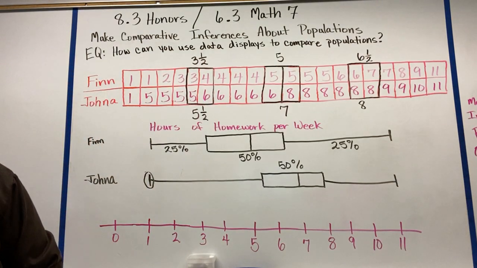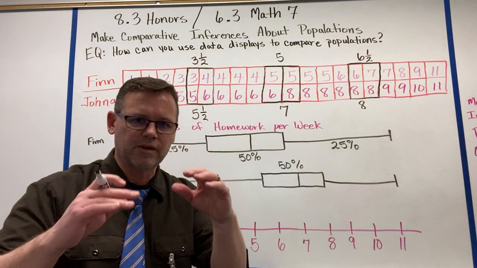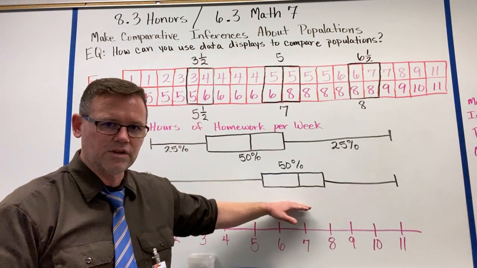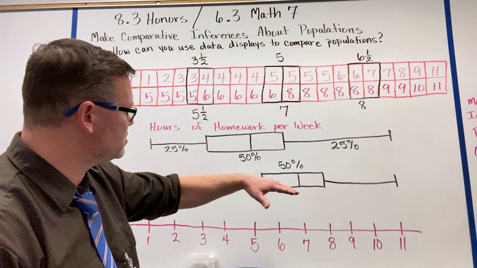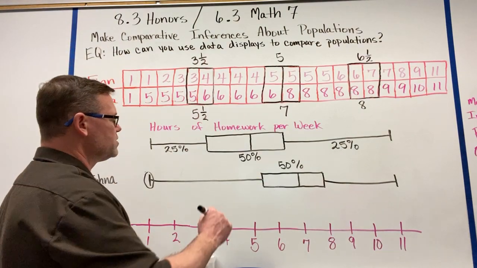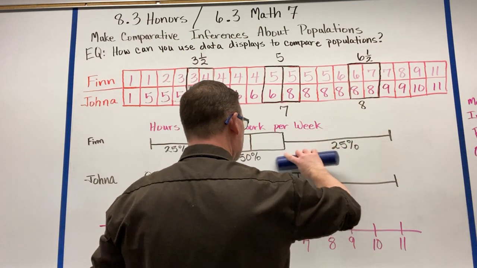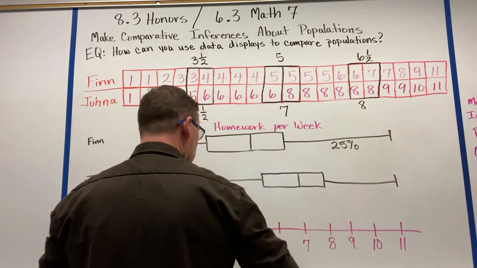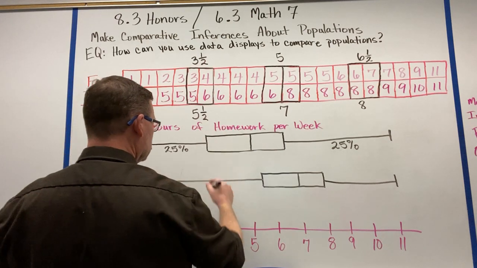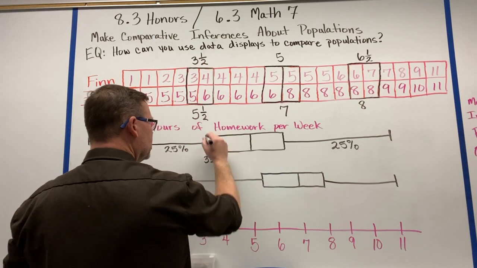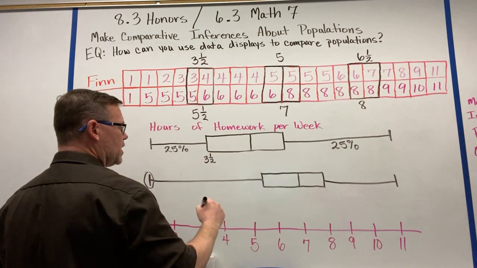The way we're going to prove it is variability, to see if the variability is that much different. Now the variability is only based on the 50%, in other words, the box of each of these. So I'm going to label these so you can see where the variability is. We already know these boxes are worth 50%, so I'm going to take this off so we have room to write. This right here is 3.5 hours.